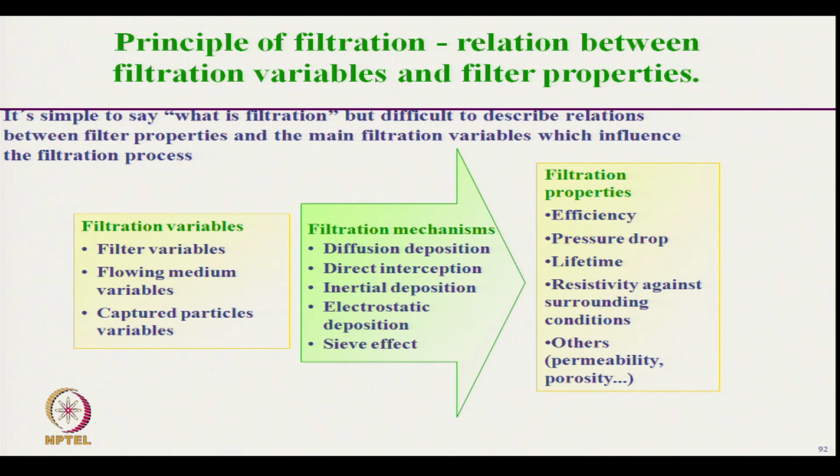When the flowing medium variable like air flow rate is very high, we should not concentrate on filtration efficiency, we must concentrate on pressure drop. But as air flow rate reduces, we must then take into account the filtration efficiency.